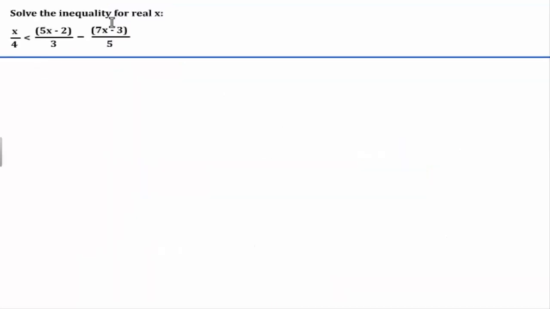Let us solve the given inequality for real values of x. Let us see the solution for this now.